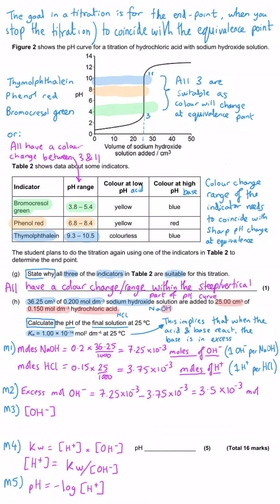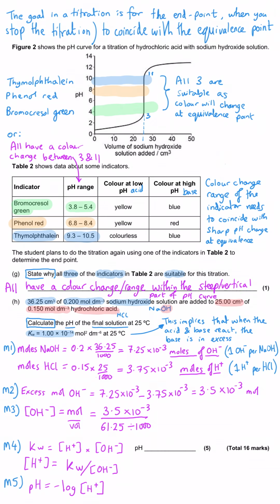So we know the moles because we got that in mark number 2, and so we have to work out concentration by doing moles divided by volume. The volume is the sum of the two volumes of solution that have been added, because that hydroxide ion will be spread out in amongst this total volume, which is going to be 61.25 cm cubed. It won't stay in its initial volume that it was in.